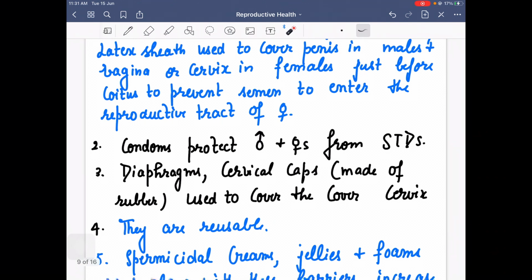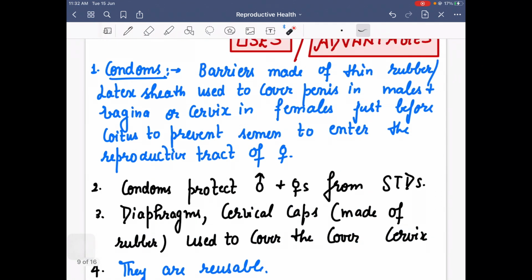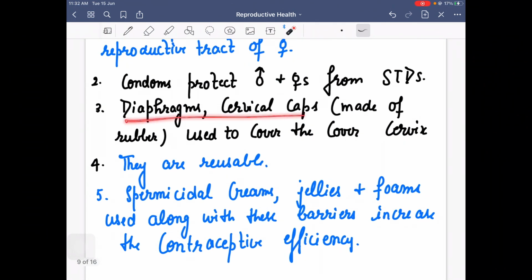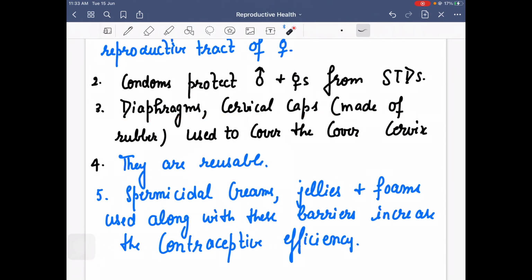This thing is understood. Now the diaphragm and cervical caps are also made of rubber, and always remember that condoms can be used for both females and males, but diaphragms and cervical caps are used by the females. One good thing about diaphragm and cervical caps is that they are reusable. Not the condoms, they are not reusable, but yes, diaphragm and cervical caps can be reused.